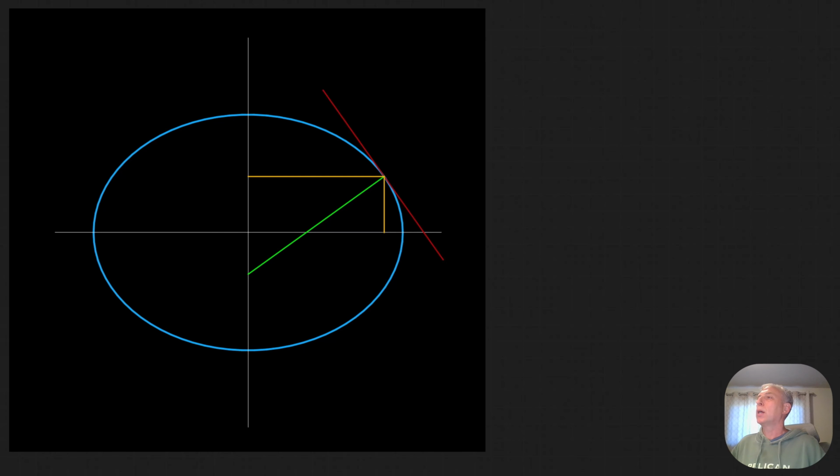But on an ellipsoid, the only parameters we need in order to define the ellipsoid in its entirety are this distance here, which we call A, and this distance here, which we call B, where A is the length of the semi-major axis, semi meaning half, major meaning biggest.